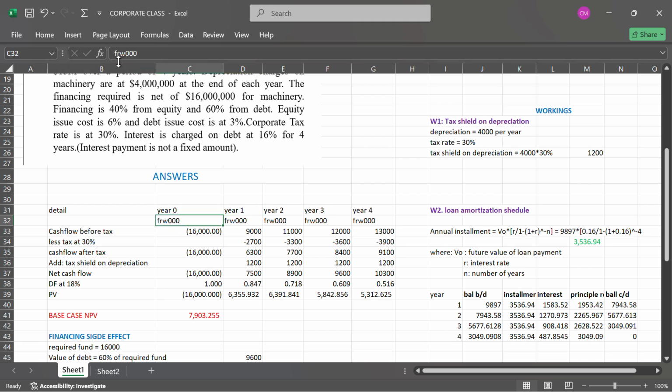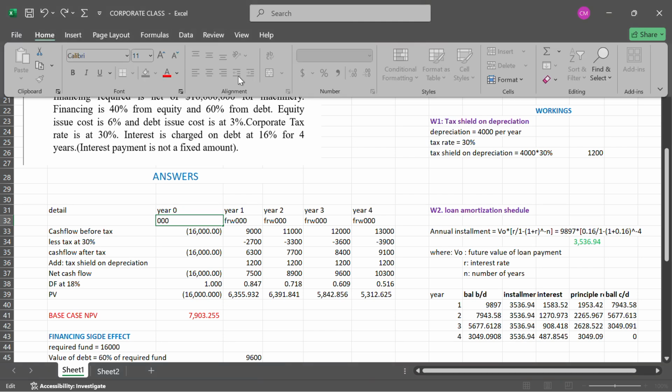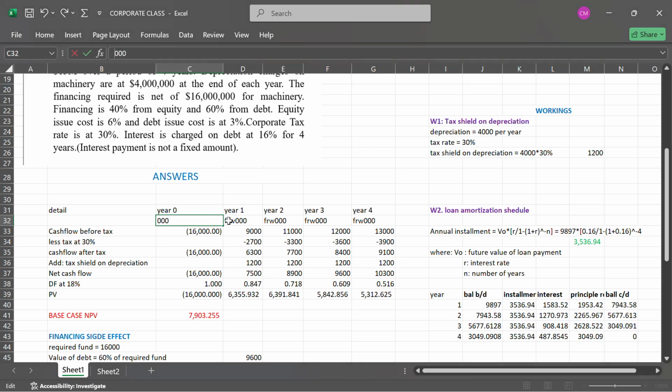Here the amounts are in US dollars, not in Rwandan francs. As you see, I've reserved the amounts in thousands.